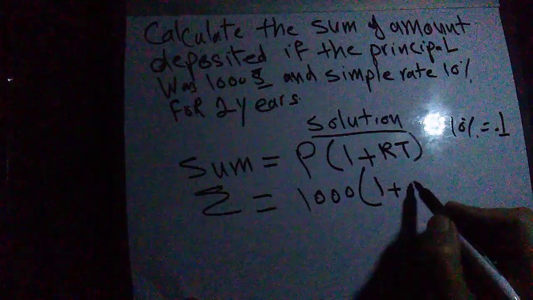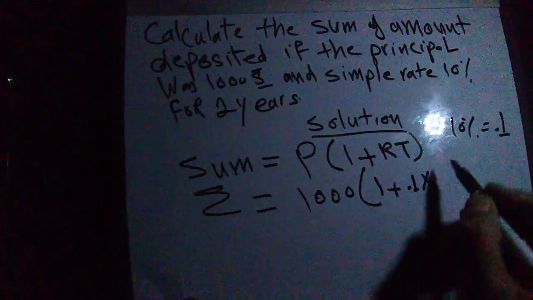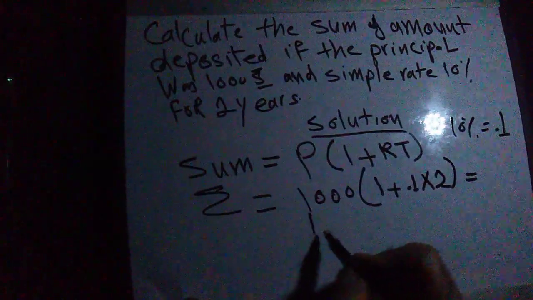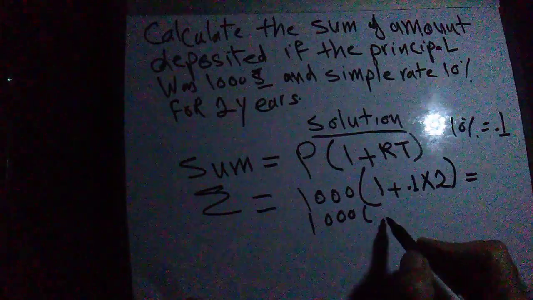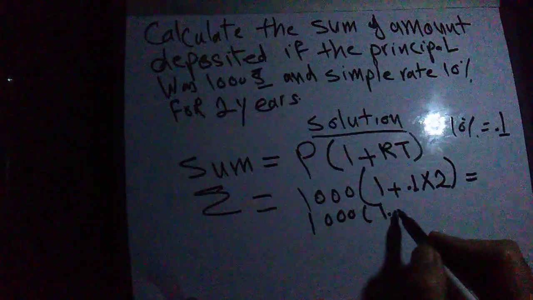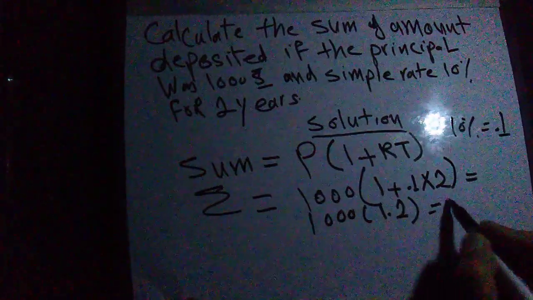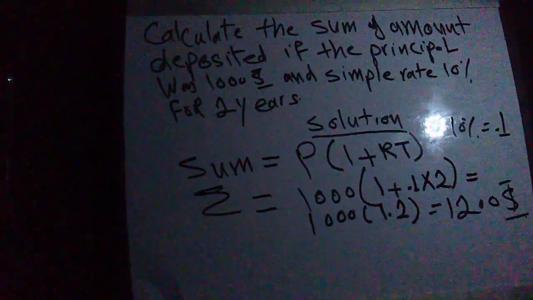Then this will be 0.1 multiplied by the time, which is 2 years. Then this will equal $1,000 multiplied by 1 plus 0.2, which will be $1,200. And this is the last solution of it.